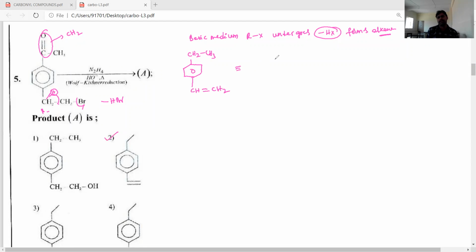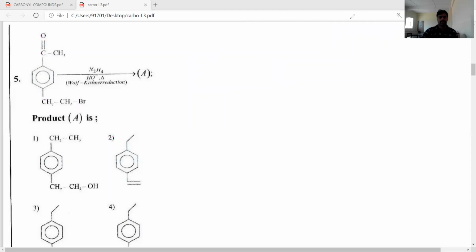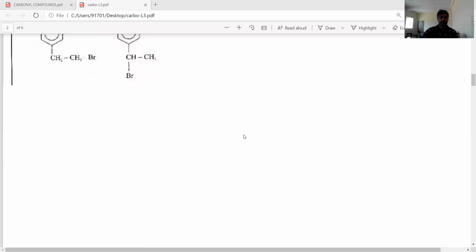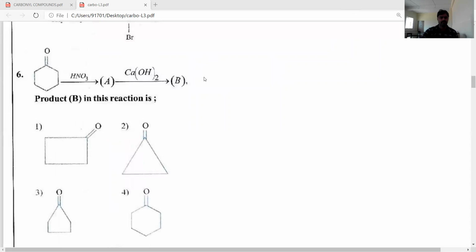In the bond line structure, the benzene ring has a vinyl group, CH=CH2, meaning styrene, and an ethyl substituent is also present. So that is the answer. Okay, the fifth question is over. Now the sixth question, see. What is the sixth question, dear students?